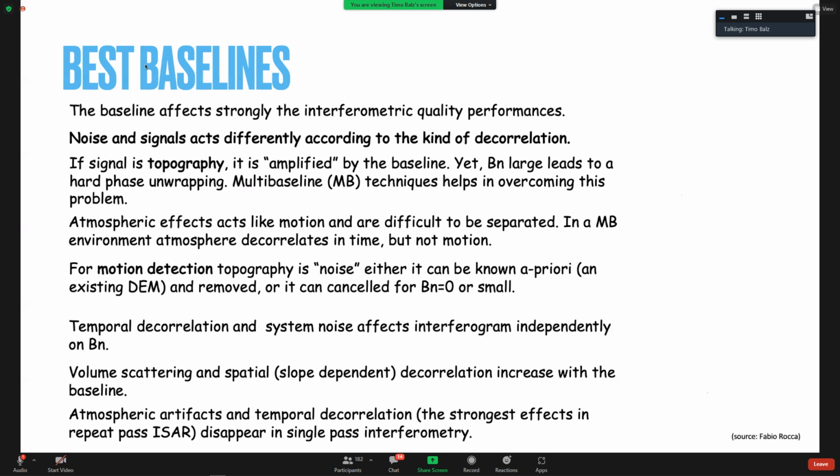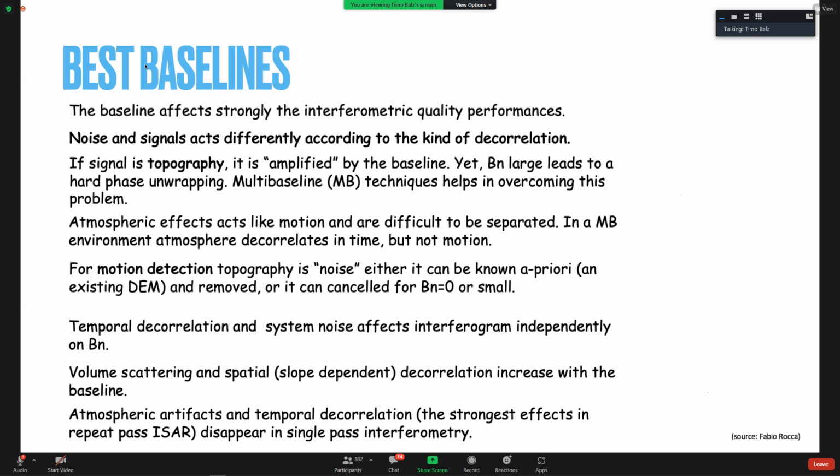In terms of the perpendicular baseline, as written, if it's too large, you maybe have problems with unwrapping. If the images are very close together, with almost no baseline difference, you have almost no influence from the topography, so it's going to be hard to make a meaningful DEM out of that.